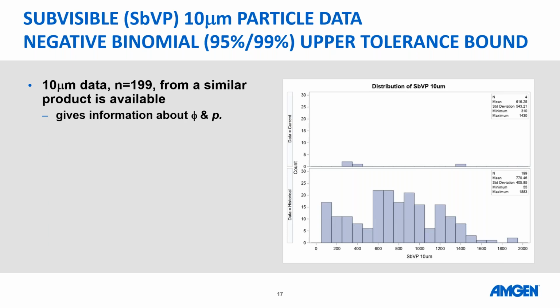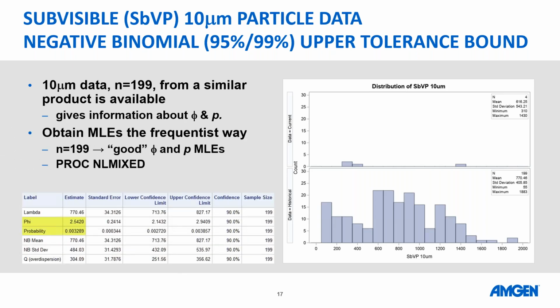I mean, for us, a data set with 199 observations, that's as big as it can get when you're in the CMC environment. So we do have a pretty large data set, 199 observations, that we're going to use to estimate the parameters phi and p. So we use our maximum likelihood estimation. This was done with PROC NLMIXED because we just write out the likelihood, and NLMIXED is pretty good at fitting nonlinear mixed models.